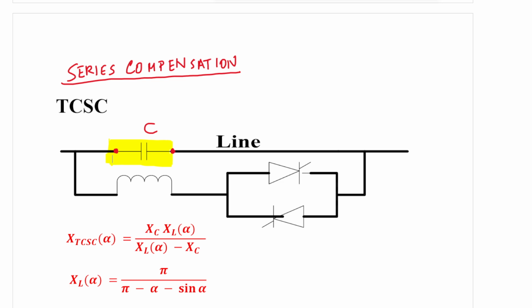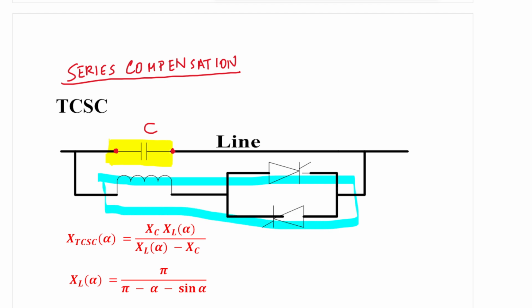Now the rest, whatever you are seeing, this portion, an inductor, then an anti-parallel thyristor. This is the controlling circuit.